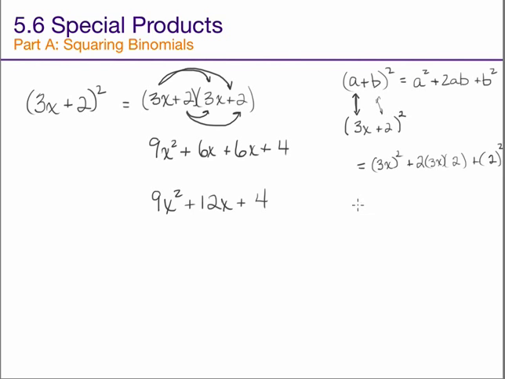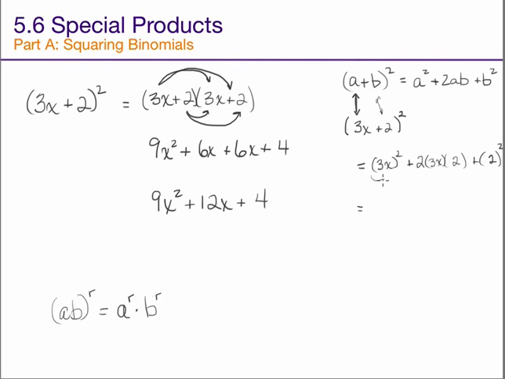Now I need to tidy this up. Here I need to remember my rule for exponents that says if I have a product raised to a power, I can write it as the first factor to the power times the second factor to the power. Here my a is 3, and my b is x, and the power, r, is 2.